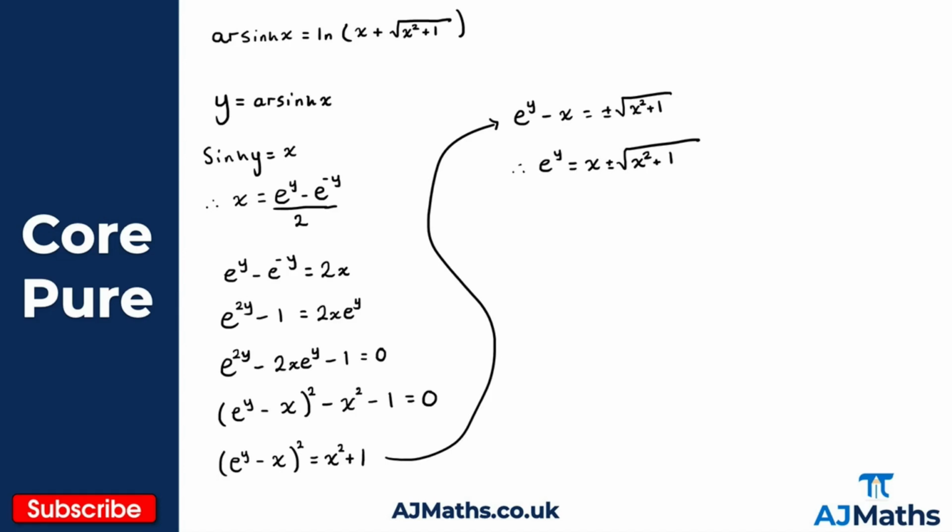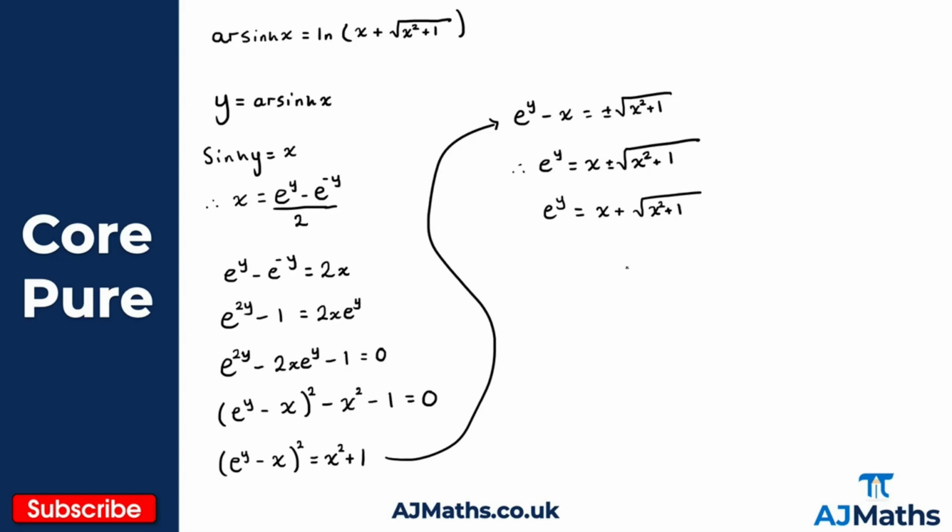And the reason for that is because in this case, if I take the negative solution here, there could be a chance that this would be less than or equal to 0. And clearly there are no values of y such that e to the y can be equal to 0 or less than 0. Okay, so in that case, we omit the negative solution and we get that e to the y is equal to x plus the square root of x squared plus 1.